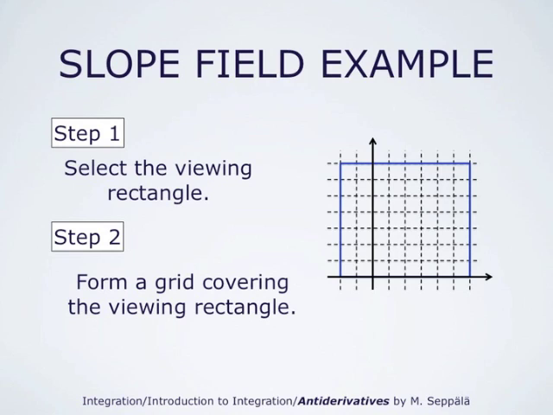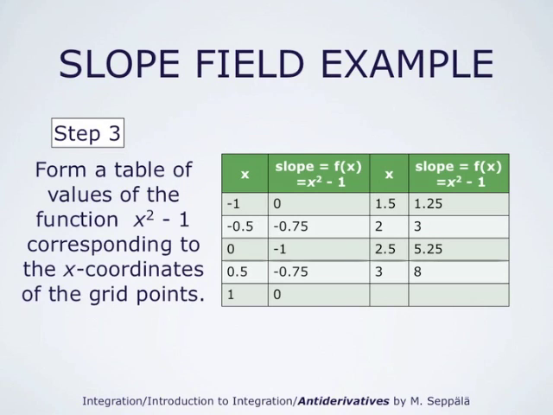On the grid points we are going to place arrows, and the slopes of these arrows are determined by the values of this function that we are computing with, that is in this case the function y equals x squared minus 1. So to this end we first form a table of the values of the function x squared minus 1 corresponding to the x-coordinates of the grid points.